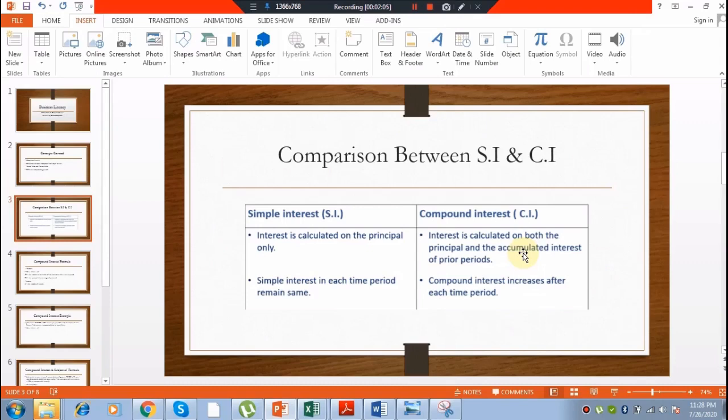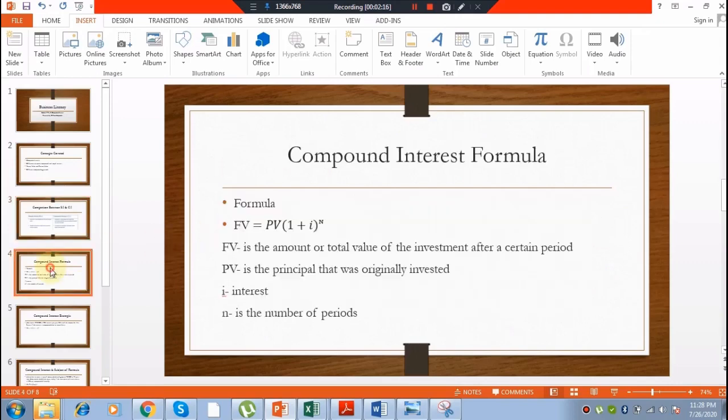Most of these things will make sense as we do examples, and then you're going to clearly see the differences between the two. So to get started, we want to find out how we calculate compound interest.